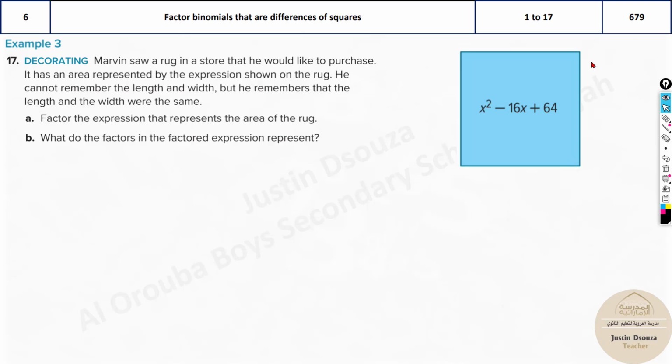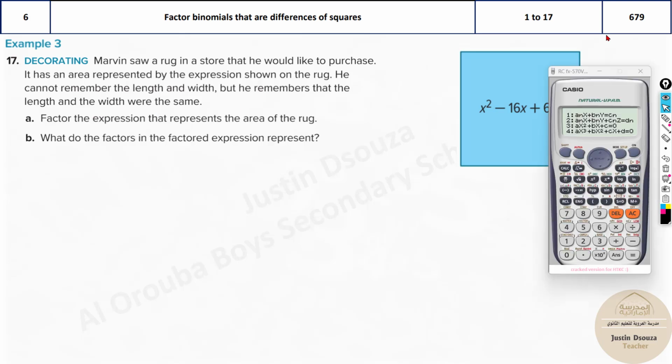What are the factors of the expression? Basically, first you need to factor this out. You can do it manually, the big method, or you can just directly put it in the calculator and find it. I'll just show you. Use the calculator.